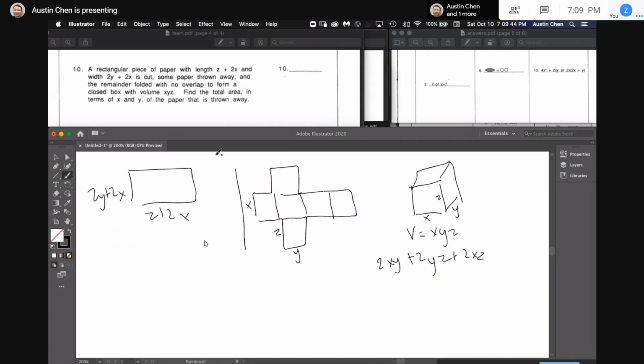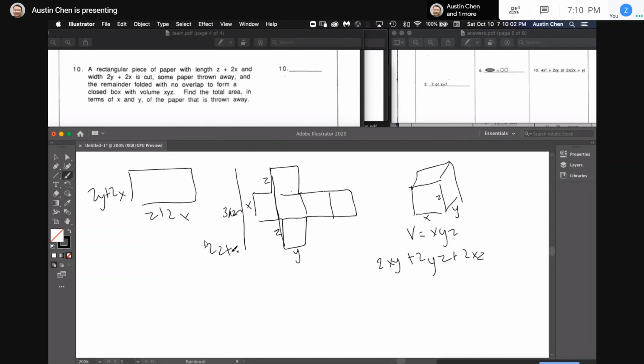So this whole side is going to be 3z long, and this whole... no, I'm bad. This whole side is symmetrical, right? So that's going to be z, but this is x.